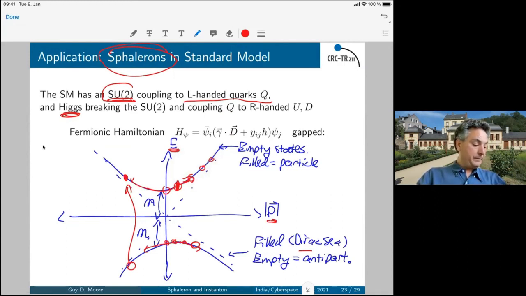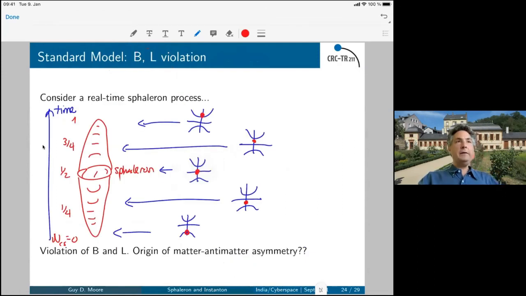But if I have a sphaleron process, as a function of real Minkowski time, at some moment I'm right in this sphaleron, the middle slice of an instanton.